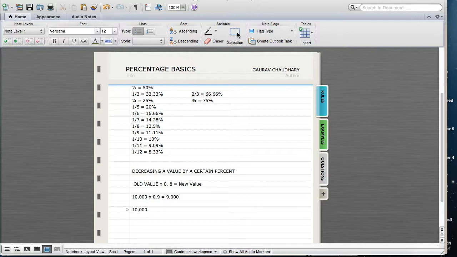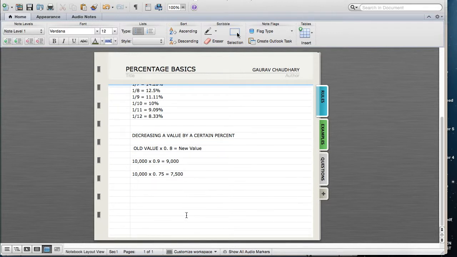Suppose 10,000 is decreased by 25%, so we'll multiply it by 0 point. 100 minus 25 is 75. So the new value becomes 7500. So the basic rule is we multiply the value by 0 point and 100 minus the decreased percent, so we get the new value.